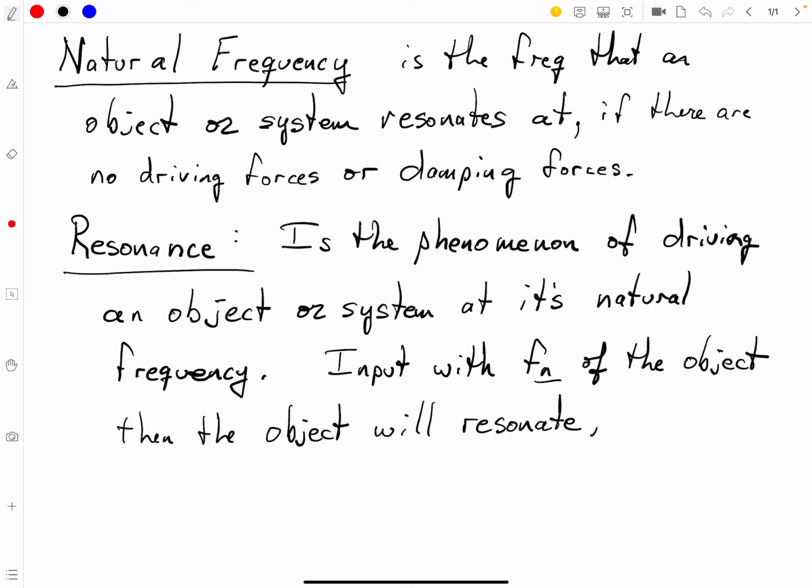It is in resonance. Let's just say it will resonate. So a system driven at its natural frequency is said to resonate.